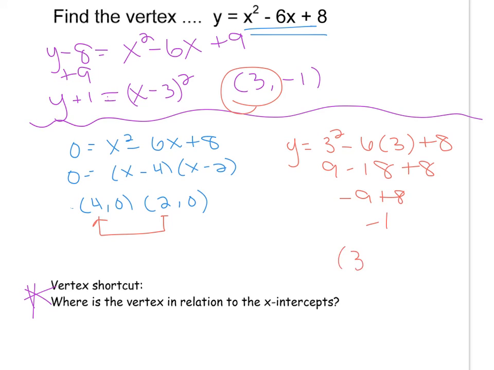And there's your 3, negative 1. So that is a shortcut for you. If you're asked to find your x-intercepts and your vertex, it might be easier to just find your x-intercepts and then find the midpoint between them to help you find your vertex.